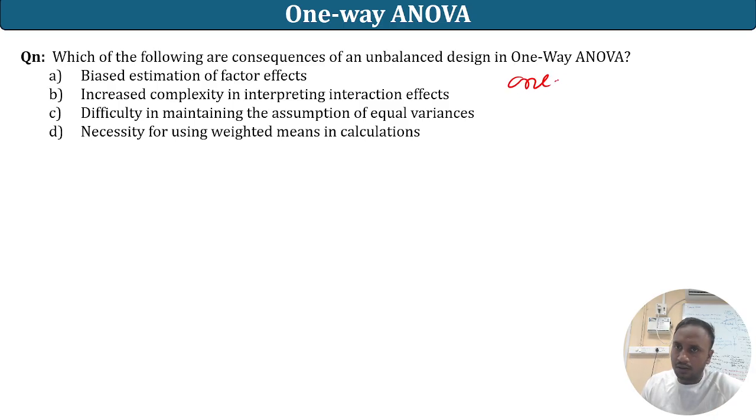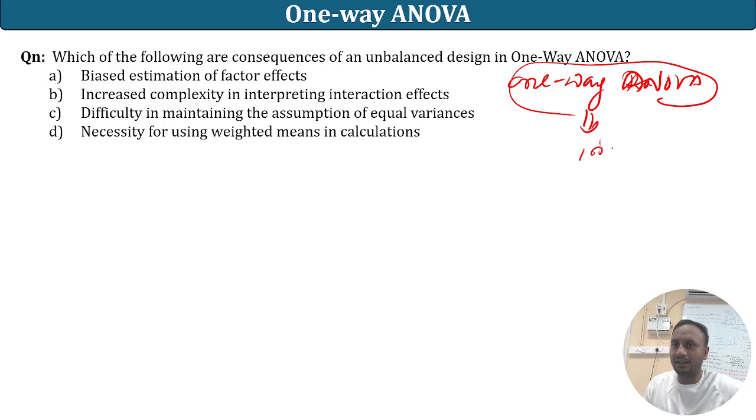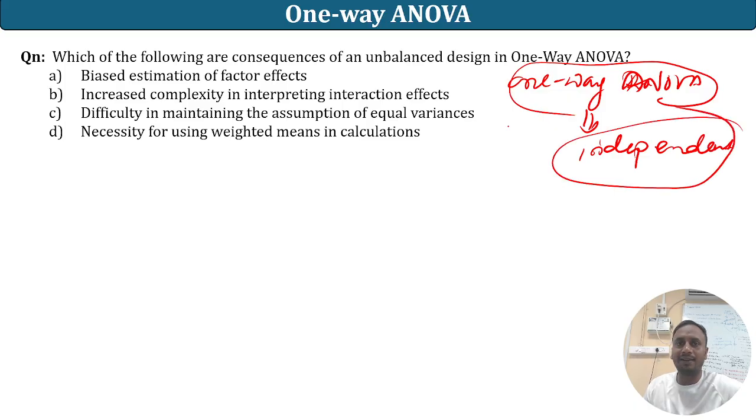One-way ANOVA, I'll just explain what is happening. One-way ANOVA is independent. What will happen if you go for an unbalanced design also? It's independent. It's not going to affect much.